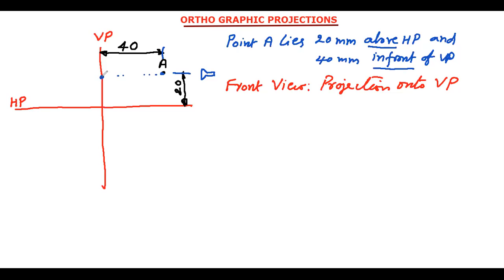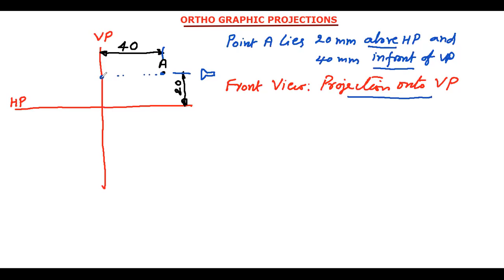Am I right? So the projection of this point onto the vertical plane is called front view. The projection of a point onto the vertical plane is called front view.